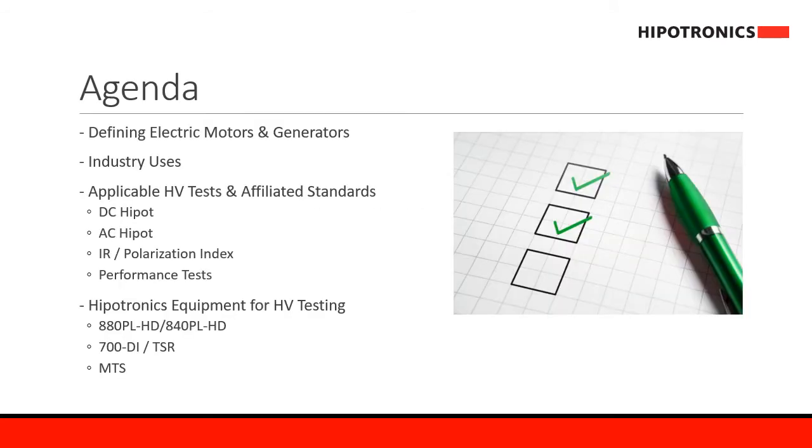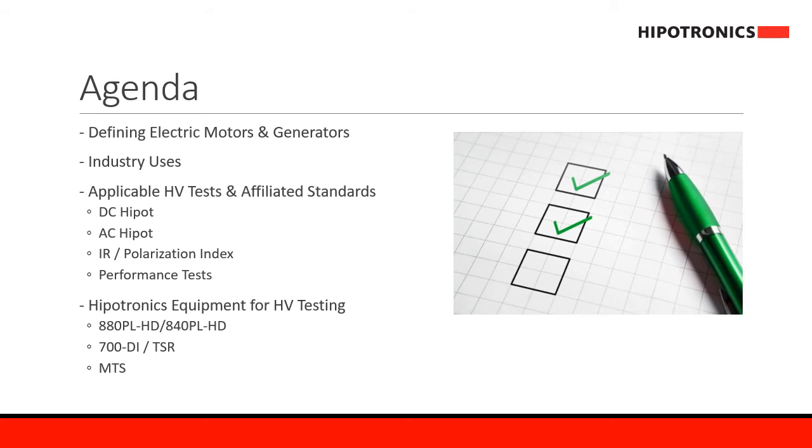Now, without further ado, we will go over the agenda for this presentation. Today, we'll be talking about basic definitions for electric motors and generators, what the industrial uses are, the applicable high voltage tests and affiliated standards for motor and generator testing, going over DC Hipot testing, AC Hipot testing, insulation resistance and polarization index testing, and performance tests.